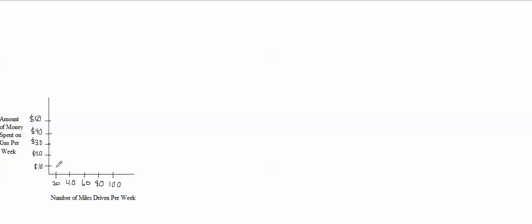Let's say that 3 of our participants tell us that they drive 20 miles per week. So since these 3 people are doing a fairly low amount of driving per week, they're not going to be spending very much money on gas, which means that they'll fall somewhere near the low end of the number line for amount of money spent on gas.